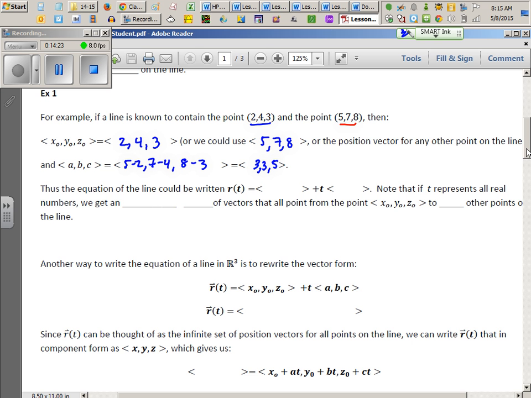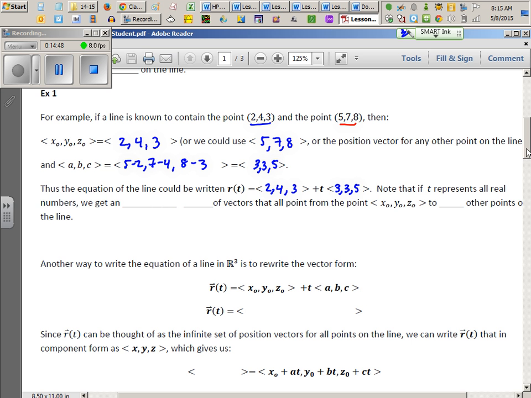Okay, that guy, he is sort of our slope. The 3, 3, 5 is kind of like our slope. And so now we can just write our answer. It's very simple. 2, 4, 3 is our starting point, our reference. 3, 3, 5 provides the green vector. T stretches it to various lengths.